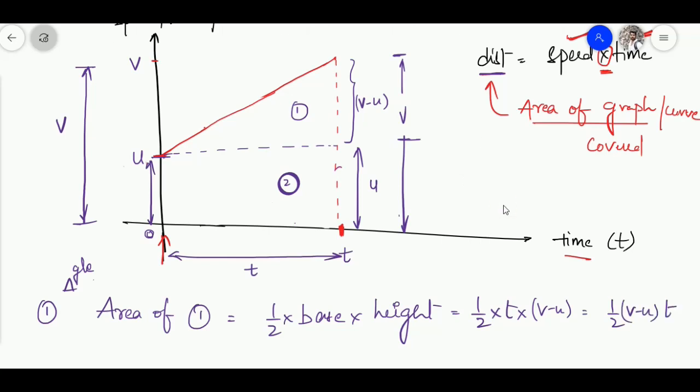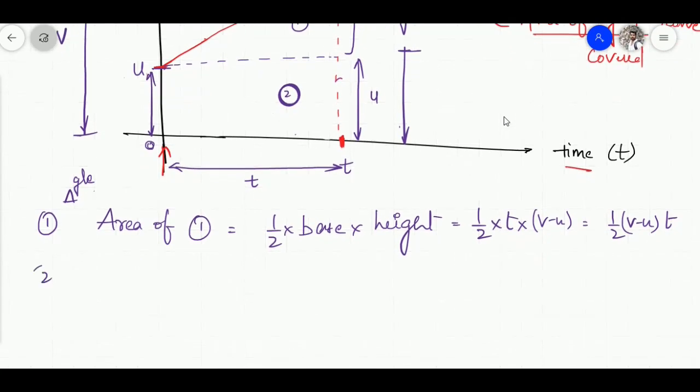Now let's find the area of the second part. It is simply a rectangle, and you know the area of a rectangle is length into breadth.